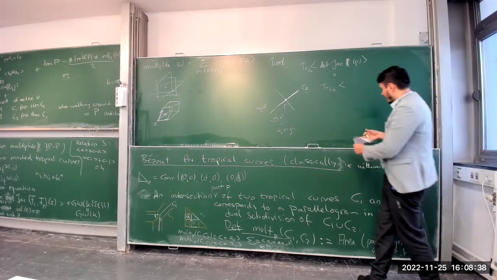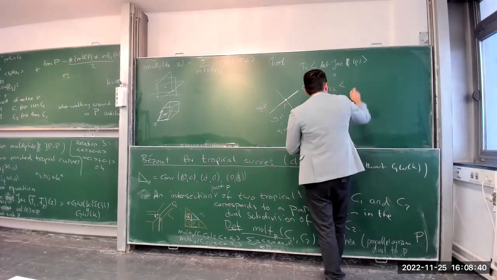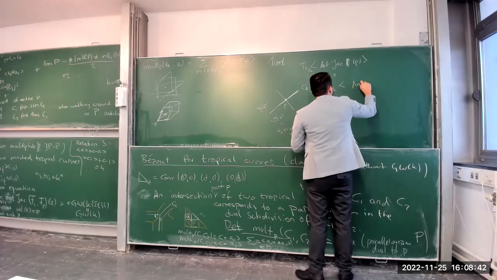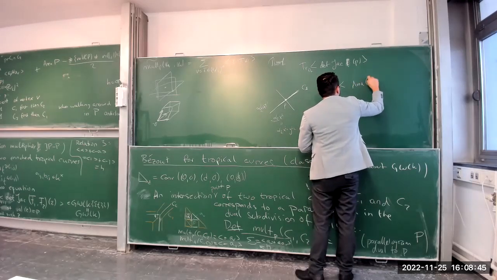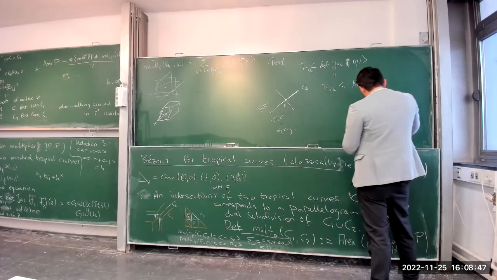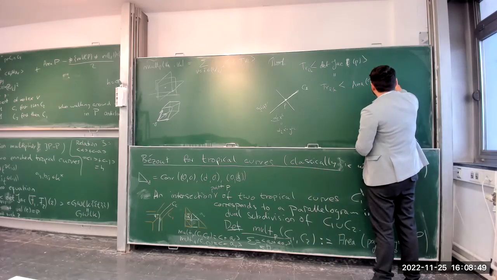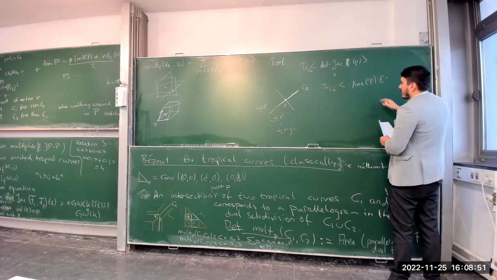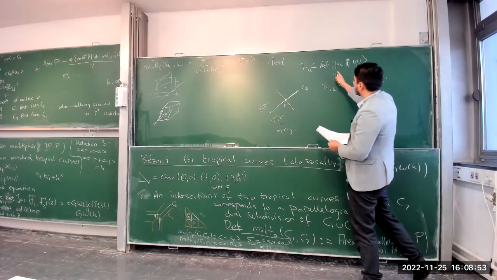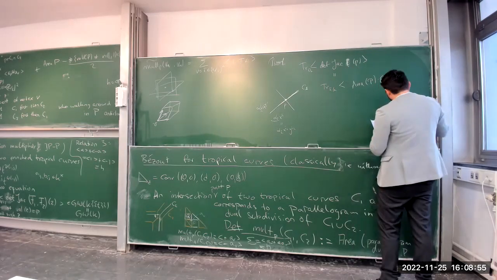Then we calculate that one, and this gives the area of the other, times a sign that comes from the determinant of how we put the equations.